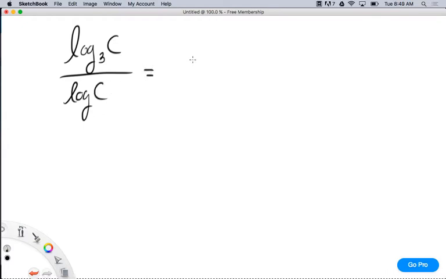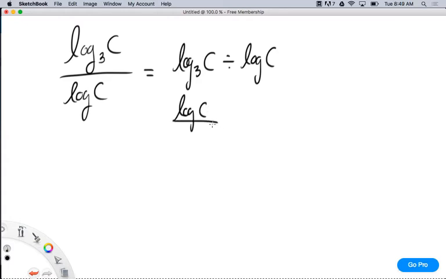You say it's log base 3 of c divided by log of c, which is the same thing as log of c over log of 3, divided by log of c. But if you've got log of c on the top and you're dividing, what happens to it?